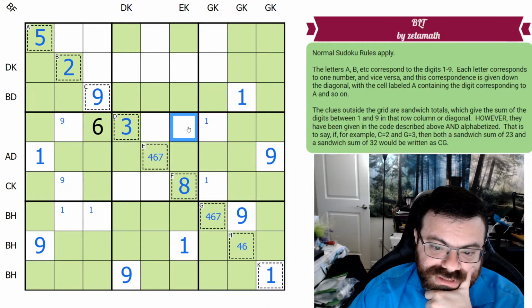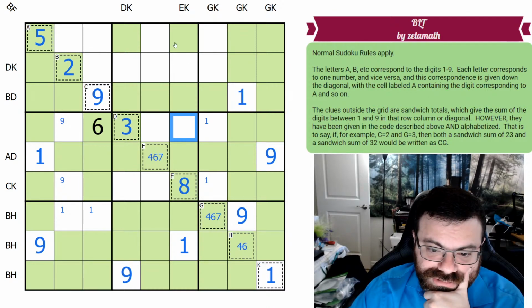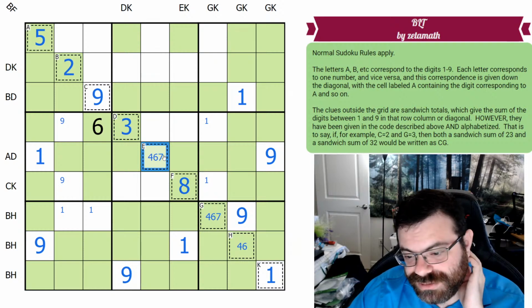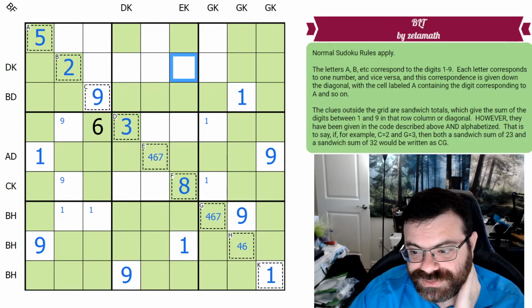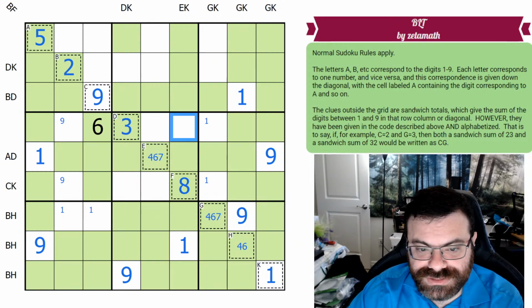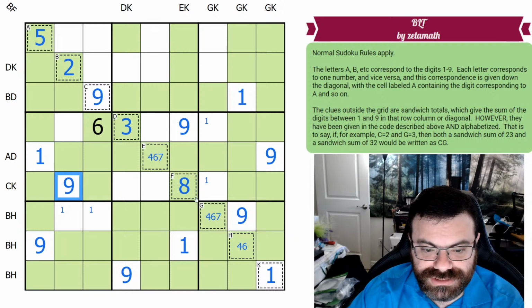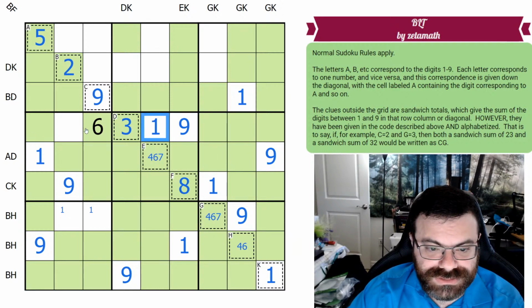Okay, so we said this had to be at least 4 long, right? Wait, no. EK, other way around, max 4 long. So this is the 9. It's a 9 here. Can green, wait, CK is 19, so we can green all that. This is a 0 clue.